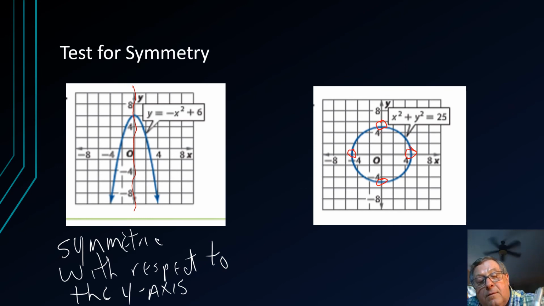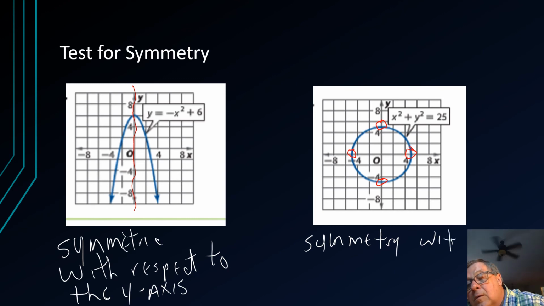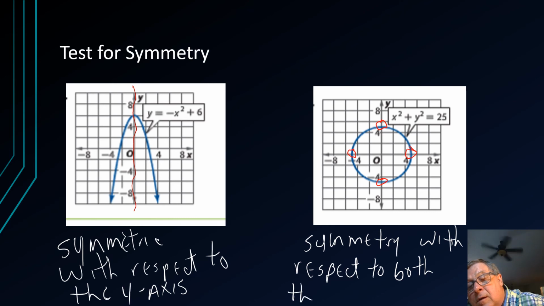And so here, interestingly enough, this is a circle, but we do have symmetry with respect to both the x and y axis.